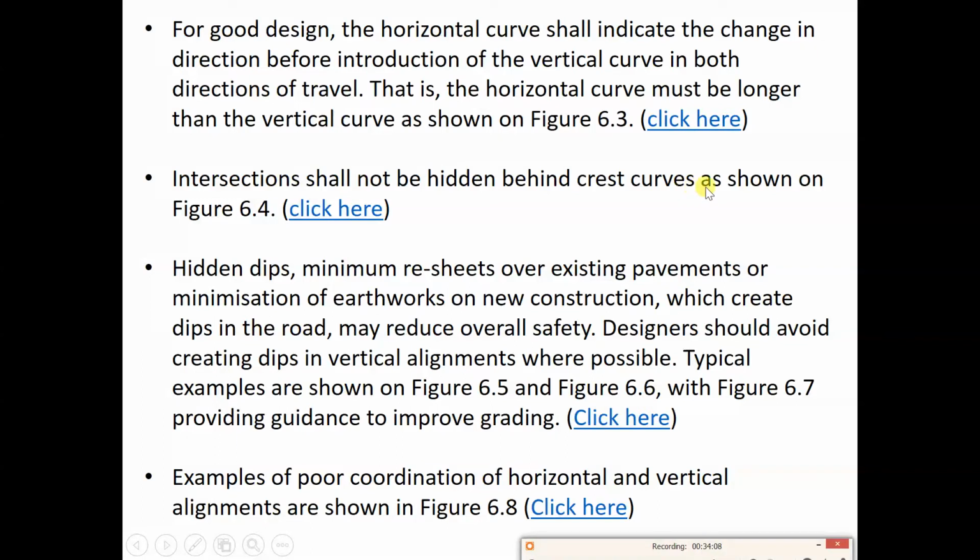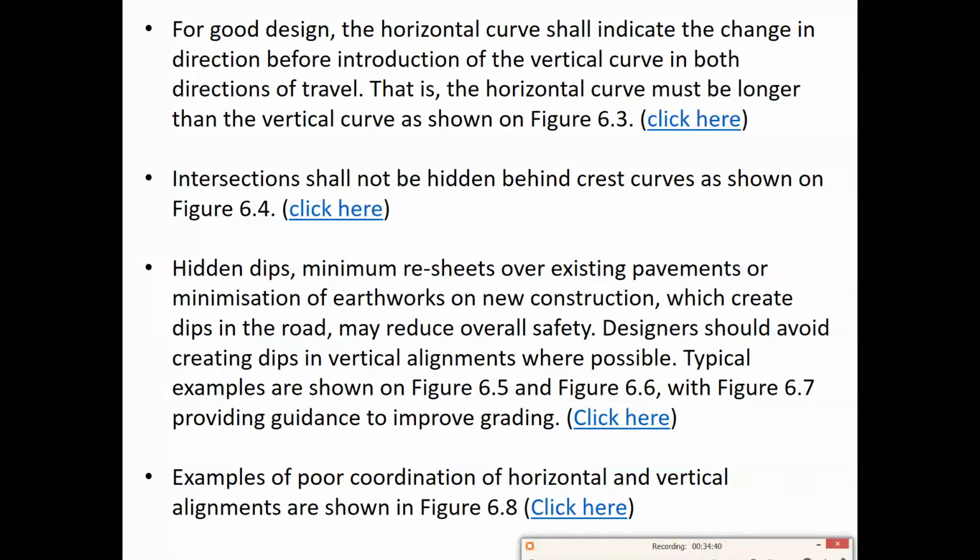So for good practice, your vertical curve should be within the horizontal curve, so that you will know exactly what is ahead.